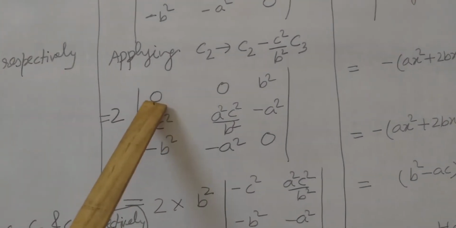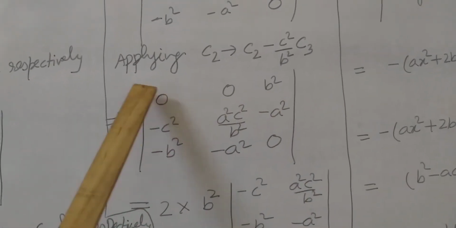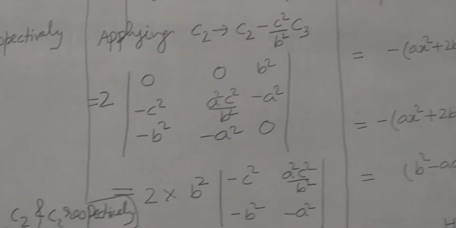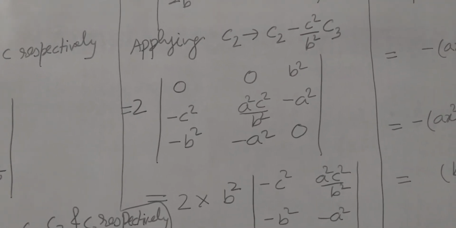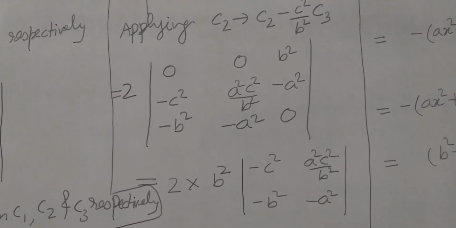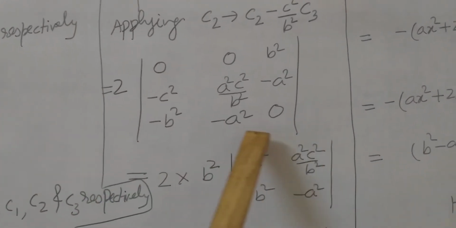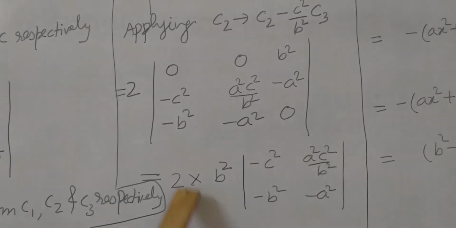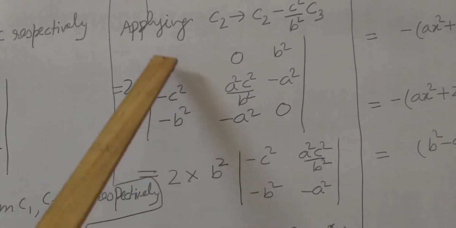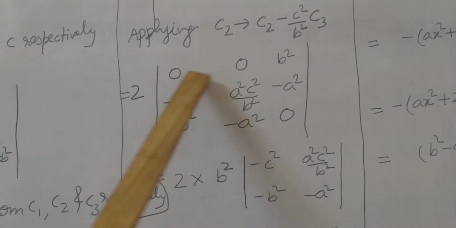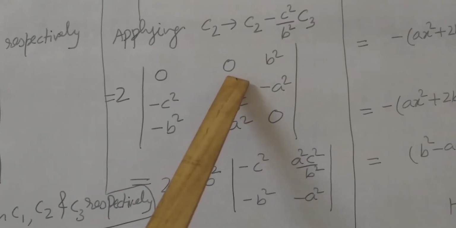Now students, we can expand it along R1. After getting 2 zeros, we have to expand. It is not required to write the expansion; directly we can solve this. These are not required to be written because these are zeros, so the answer will be zero.